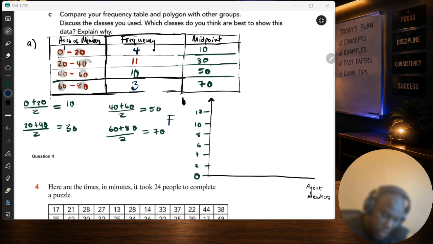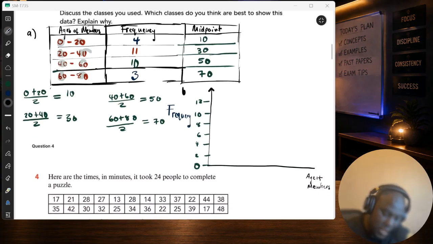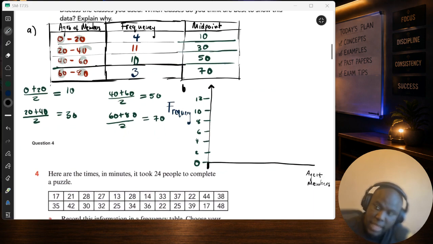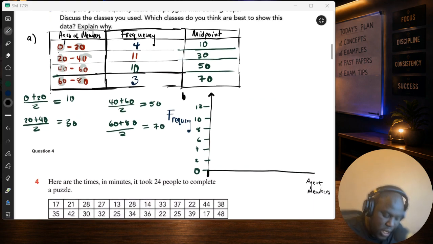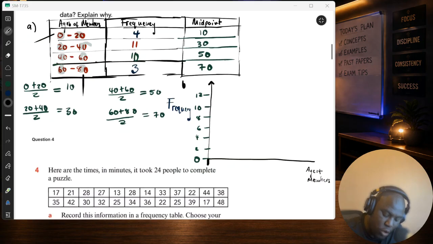Now let's start to sketch the midpoints. This side we need to put our x's again, using the intervals. The smallest value is 0. Then what is the largest value? 80. So we can go from 0 all the way up to 80.